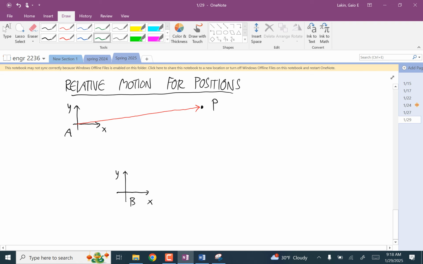According to coordinate system B, this is the position vector.